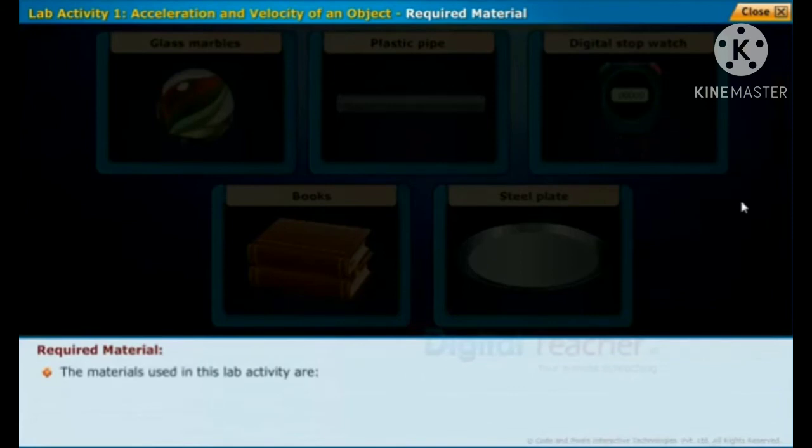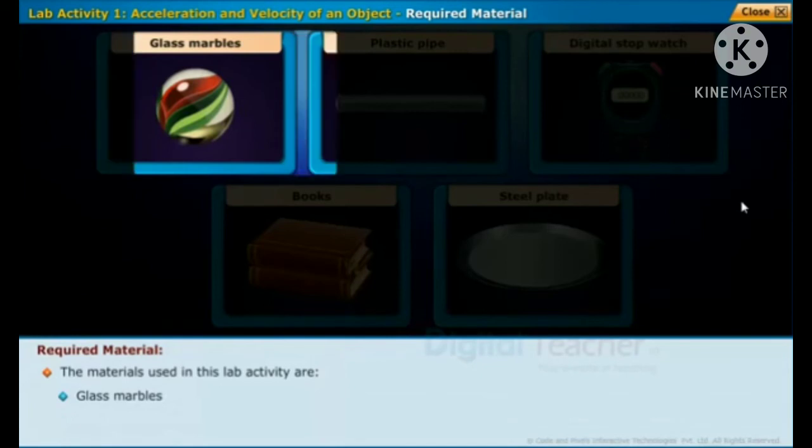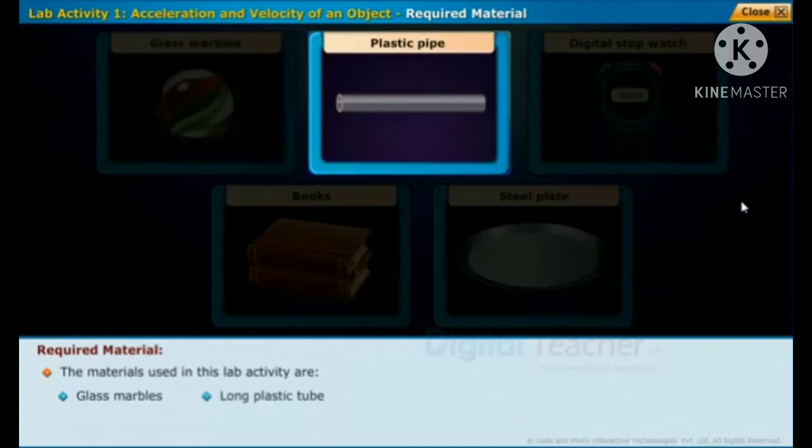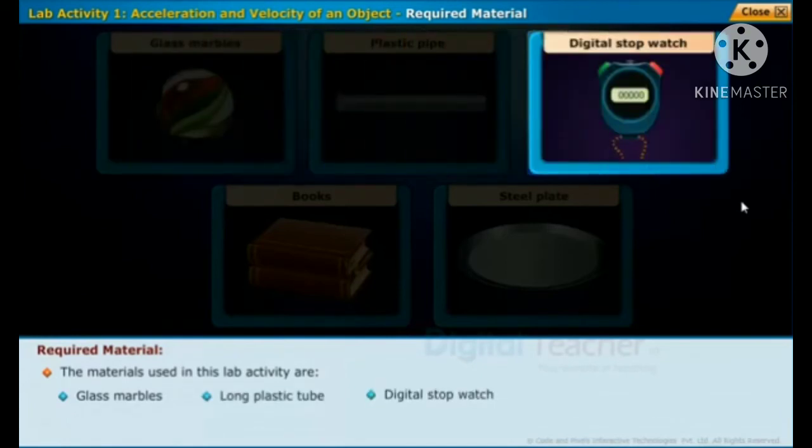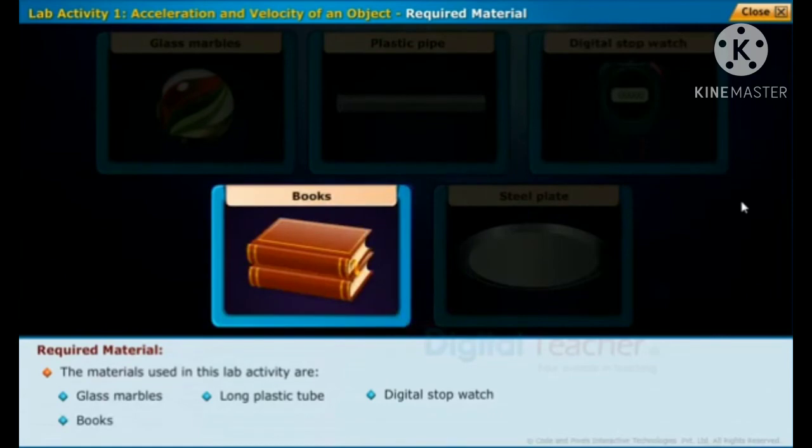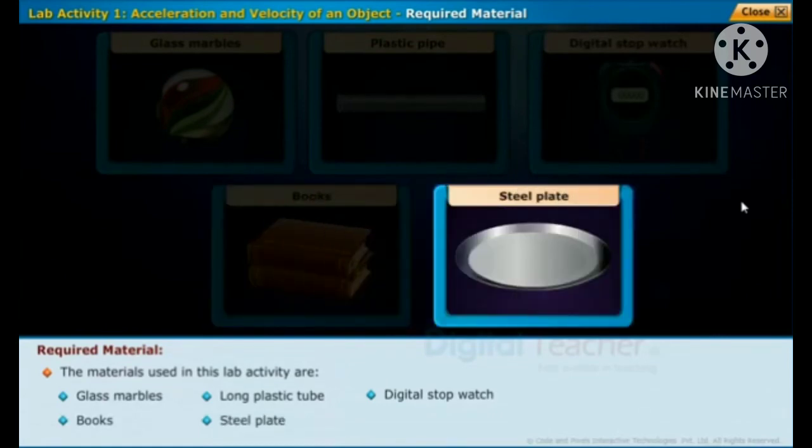The materials used in this lab activity are glass marbles, a long plastic tube, a digital stopwatch, books, and a steel plate.